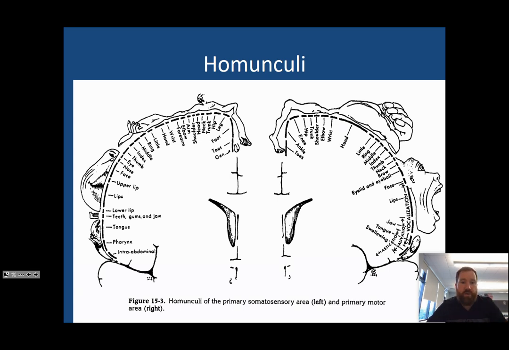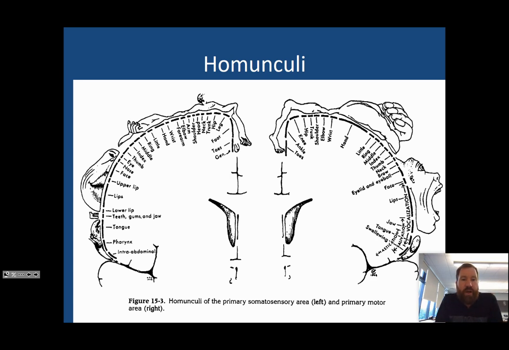Now, another kind of cool thing to think about is how the brain is structured, right? So this is the map of the brain if we were to combine the two hemispheres together, right? So this is essentially the map, the brain looking forward.